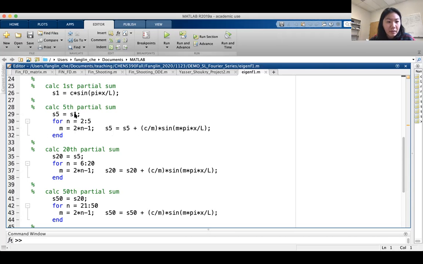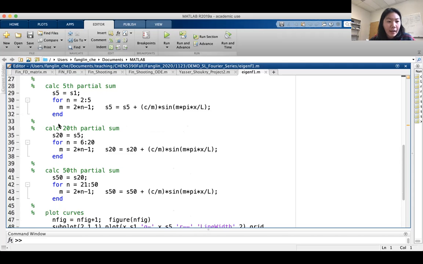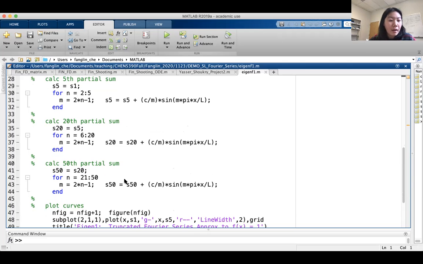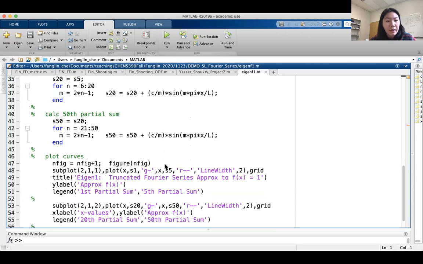You end when you finish running these 5 terms. We can also calculate 20 terms and 50 terms, all the same. The only difference is that you involve more terms in your sum to represent your continuous function f(x).